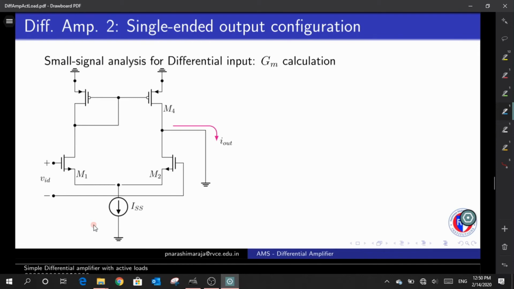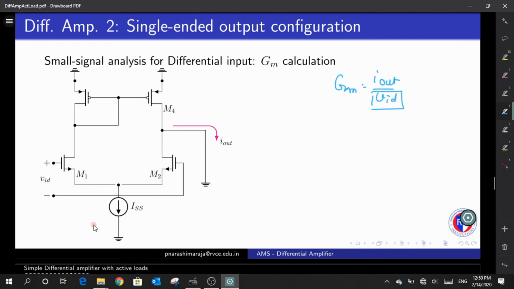The symmetry of the circuit is observed right from the input, because a GM is something that relates my input to the output. So the capital GM is nothing but I out by VID. Now from the perspective of this VID, I am looking for whether this particular circuit is symmetric under its input condition. You have to tell me whether the circuit is symmetric under that condition.